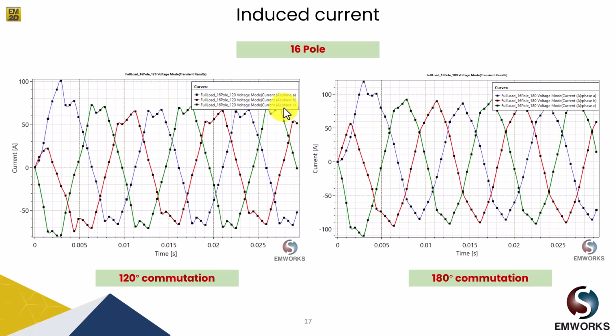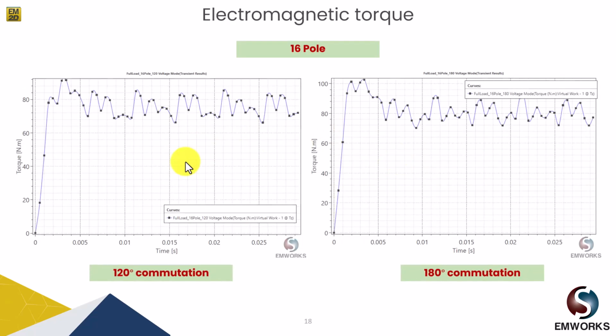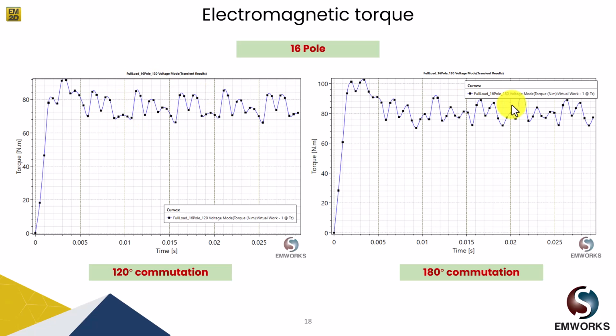Therefore the induced current in both modes of commutation is different, and this leads to a difference in the torque magnitude also. As you can see, the average torque here is a little lesser compared to the 180 degree commutation mode in case of 120 degree commutation, and the torque ripple is a little higher.